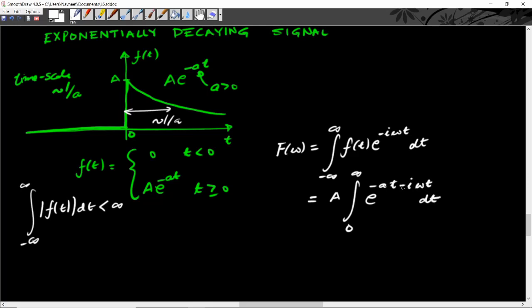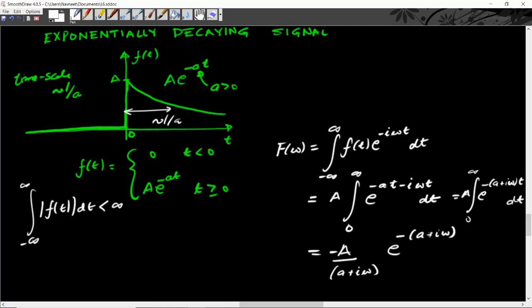We can alternatively write this as A times the integral from 0 to infinity of e to the power minus (a plus iota omega) t dt. This integral is easy to compute, so we'll have A over a plus iota omega with a negative sign, and then we have this term, and the limits are from t goes from 0 to infinity.